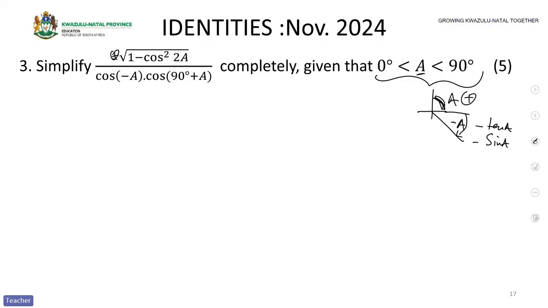As long as I see 1 minus cos squared of an angle, what do I see? Its identity is going to be sin squared 2a. It comes from the fact that sin squared 2a plus cos squared 2a is equal to 1.